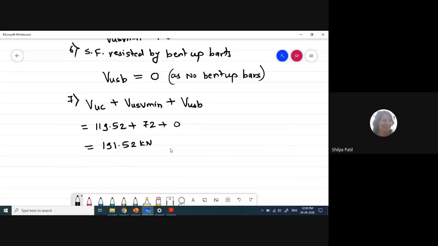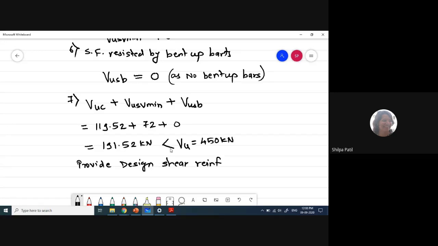In our case, what is the value of VU? 450. It is 450 kilonewton, and this value is coming less than 450. It means provide design shear reinforcement. We have to provide the design shear reinforcement.